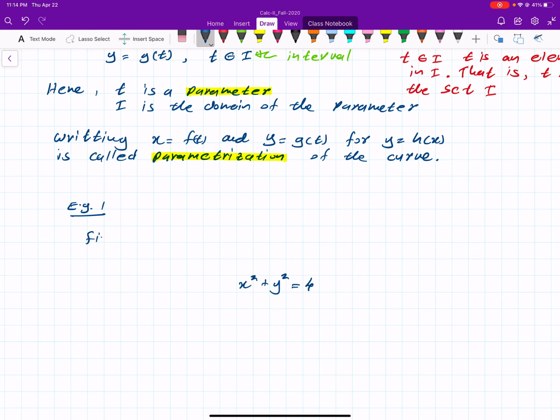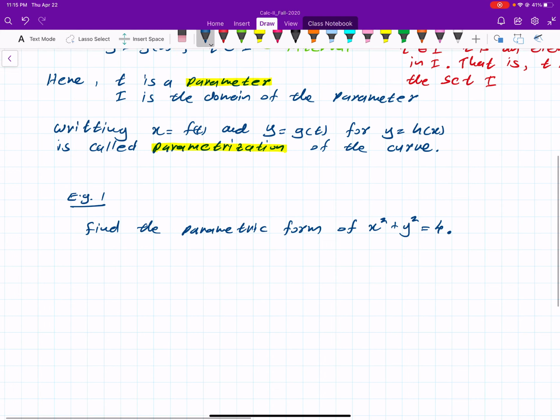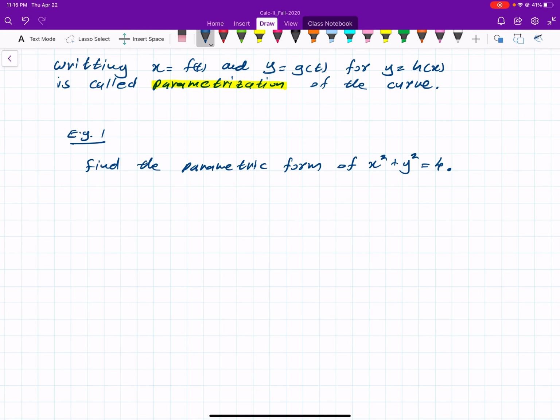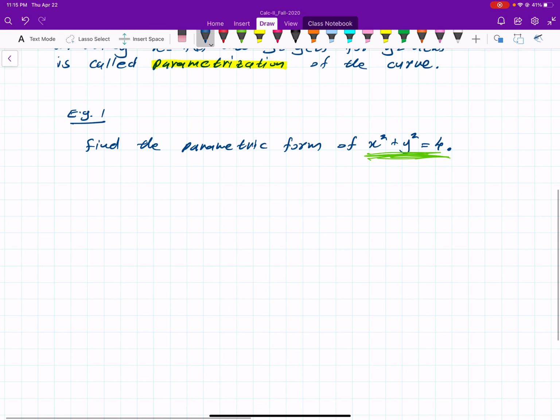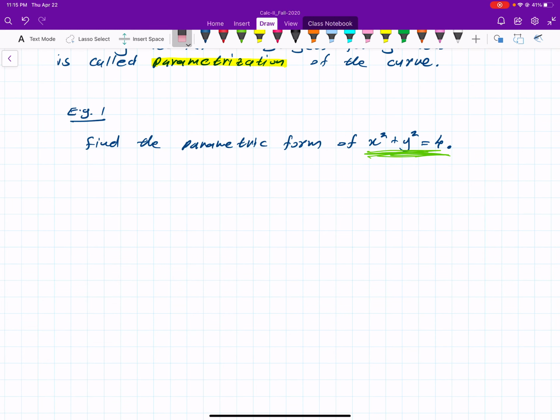Find the parametric form of this. Alright, you have to find the parametric form of x squared plus y squared equals 4. Let's check whether you recognize this. Okay, so that's something familiar to you. You have learned that in Calc 1.